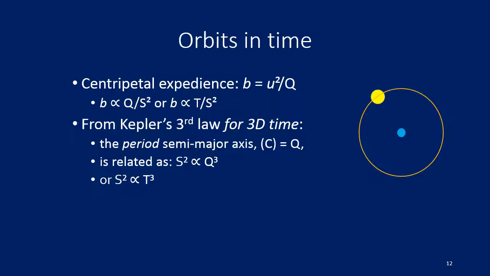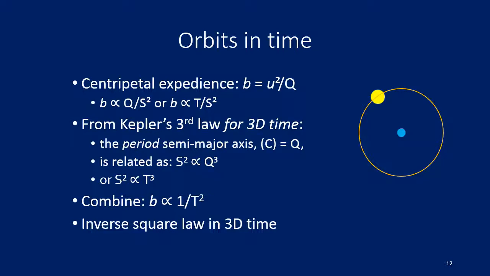The circumference squared is proportional to the time radius cubed, or s squared is proportional to t cubed, the period cubed. Now, if we combine this information, we have that b is proportional to 1 over the period squared. So we have another inverse square law, this time for 3D time.